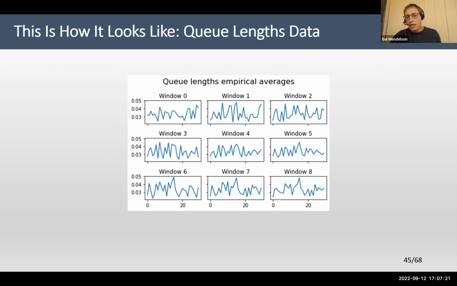It does. And instead of showing more math, let's just look at how it looks. Here I'm showing you a simulation of JSQ at 95% load. What we see here is consecutive time windows, windows 0, 1, 2, 3, etc. For every window, the y-axis is the normalized Q length averaged over the window, and the x-axis is the servers. We have 30 here.